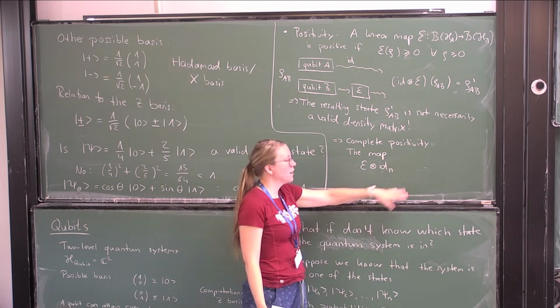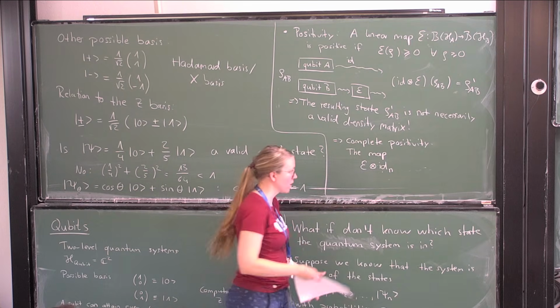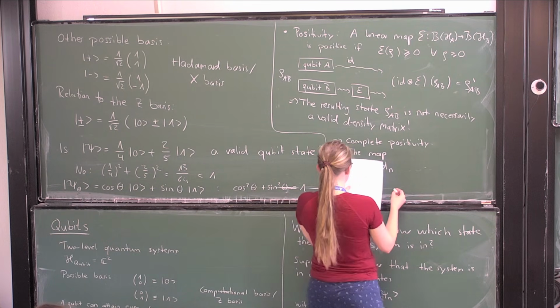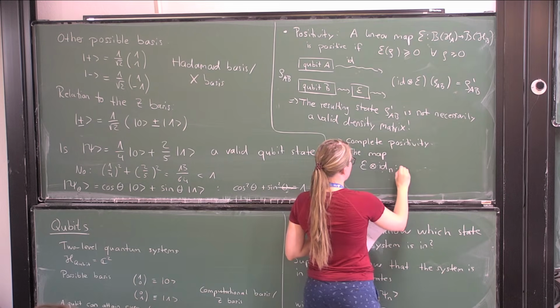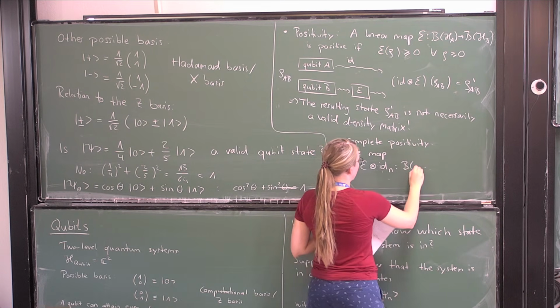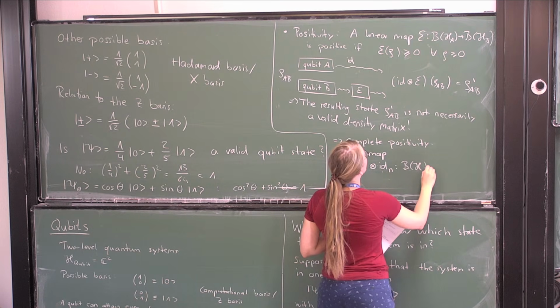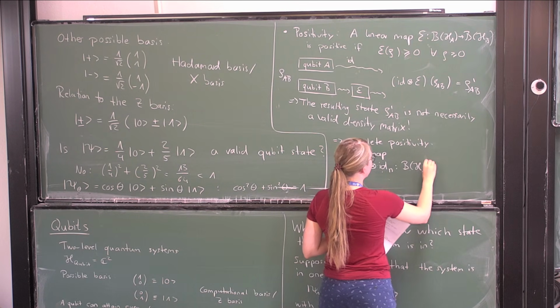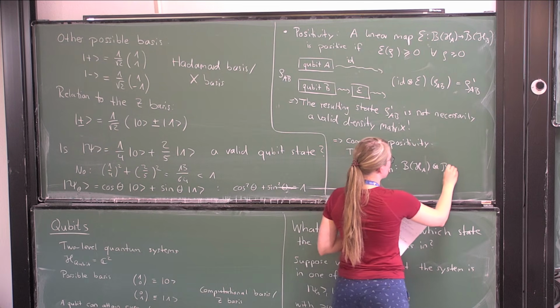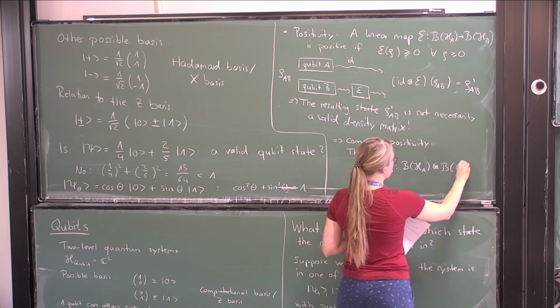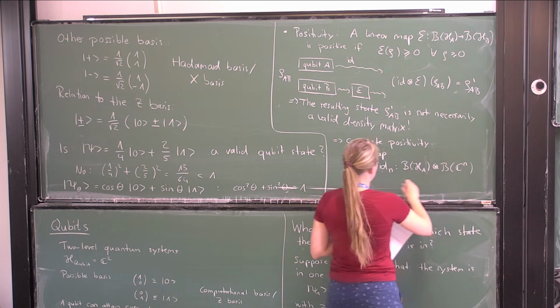You can add the whole world to it as long as you do nothing on it. This is the map that goes from your Hilbert space of interest, say H_A, and a Hilbert space complex with C to the power of n.